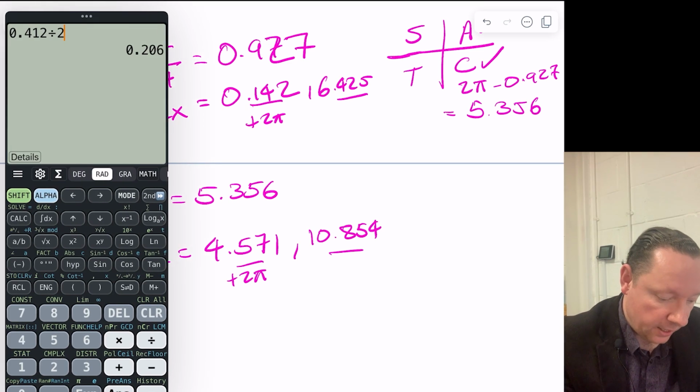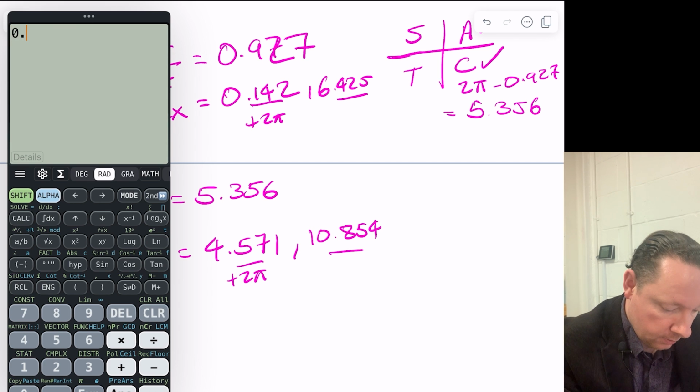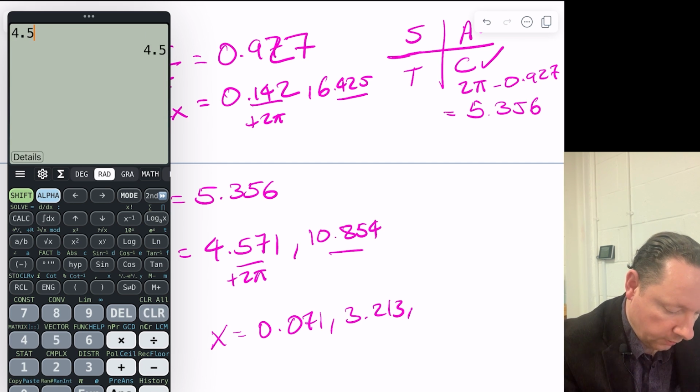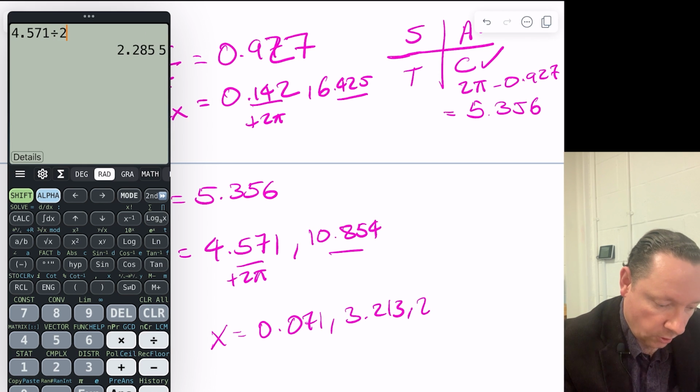So dividing all of them by 2, 0.142 divided by 2 is 0.071. 6.425 divided by 2 is 3.213. 4.571 divided by 2 is 2.286.